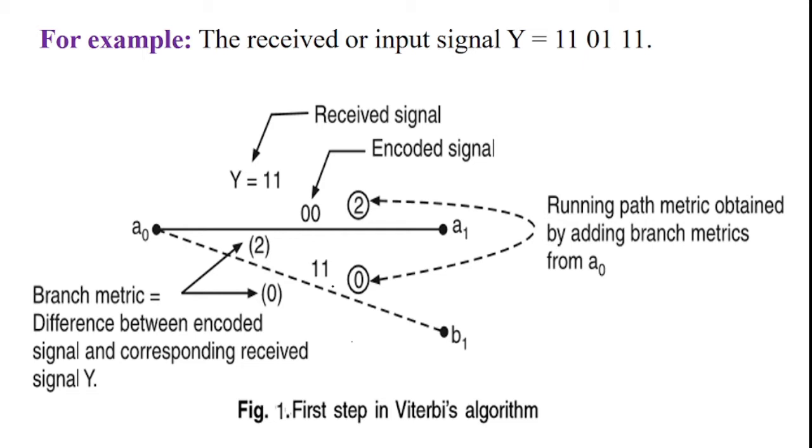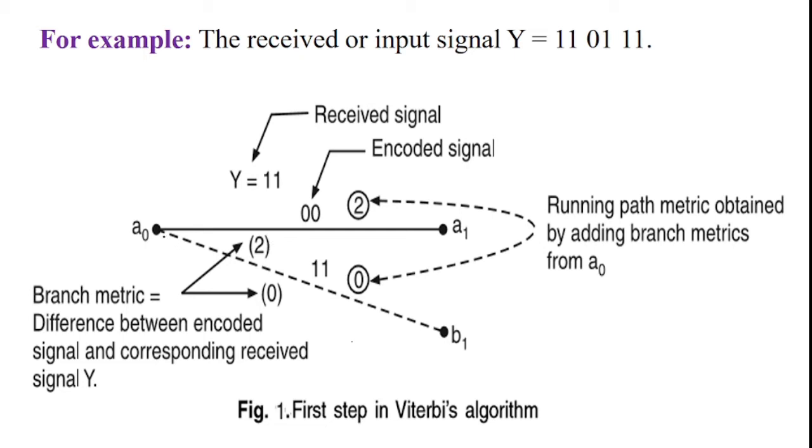So the metric distance can be determined by comparing the received signal and the encoded signal. 1 1 and 0 0 differ in two locations, so the branch metric is 2.